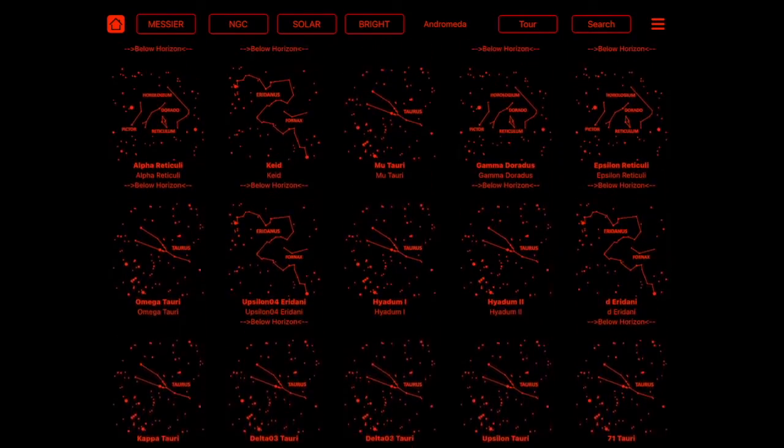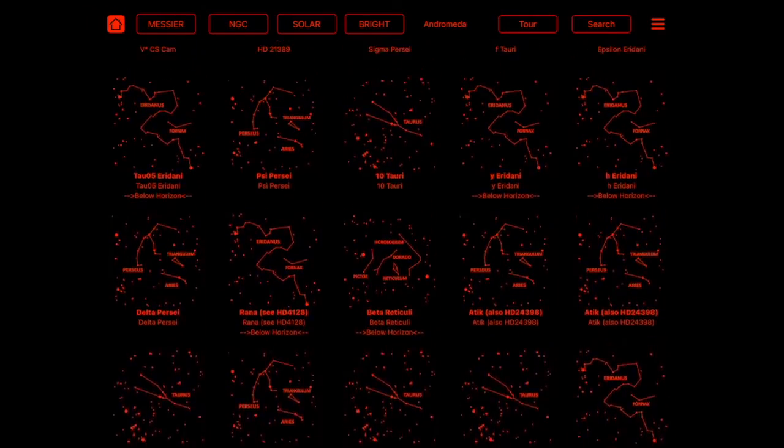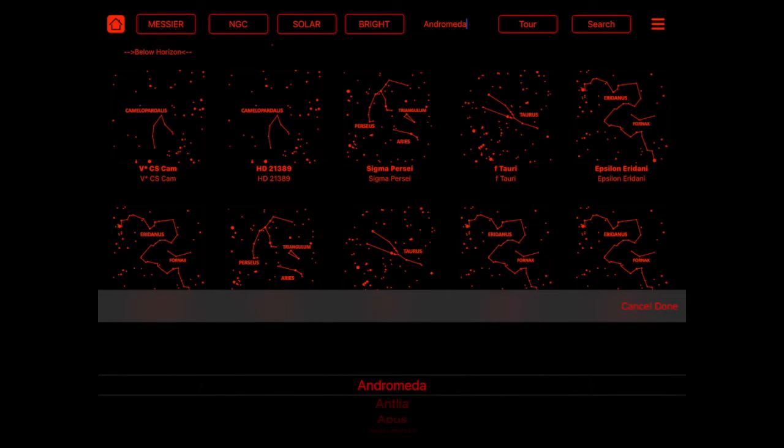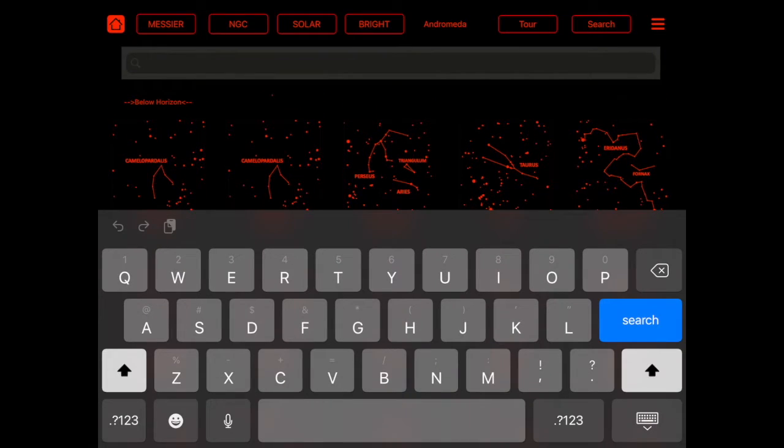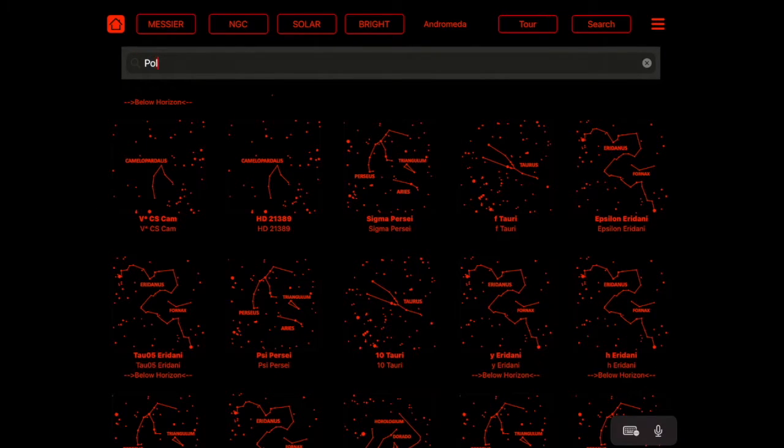Now we can find a star by its common name or by its designation. First let me touch search, so I get a keypad, and I'm just going to type Polaris, P-O-L-A-R-I-S.